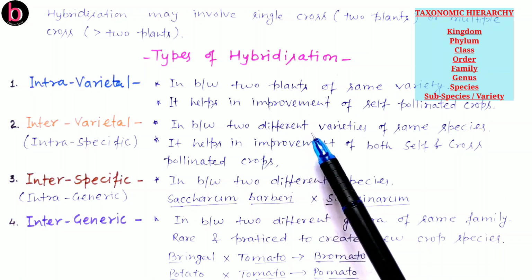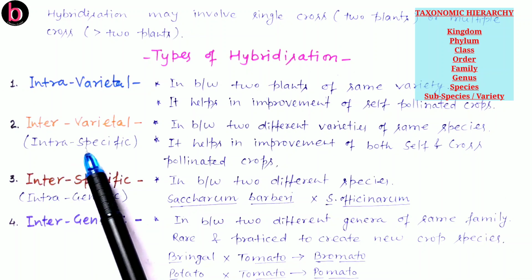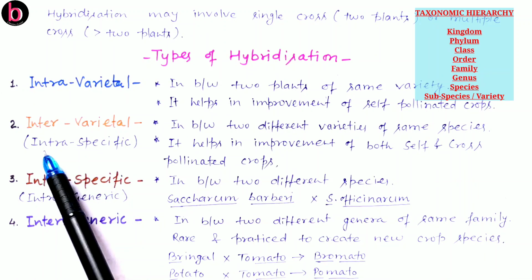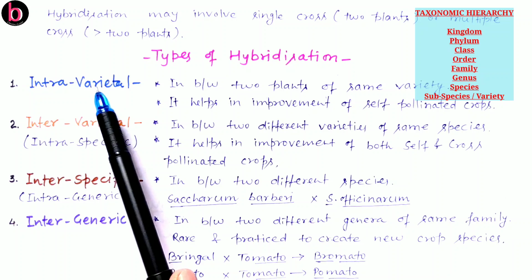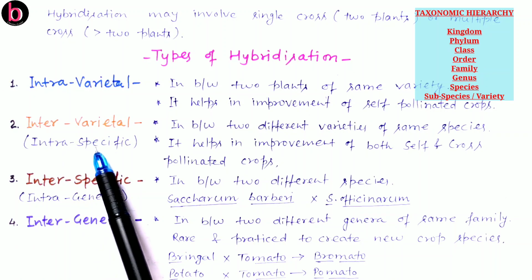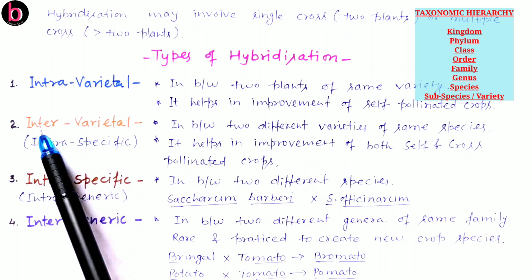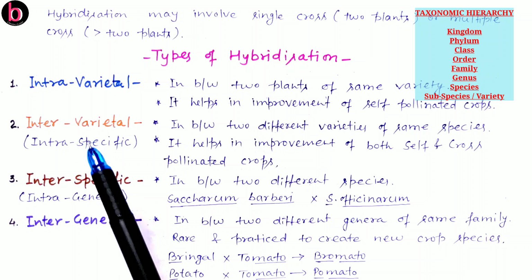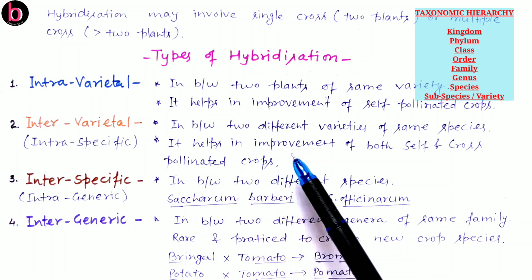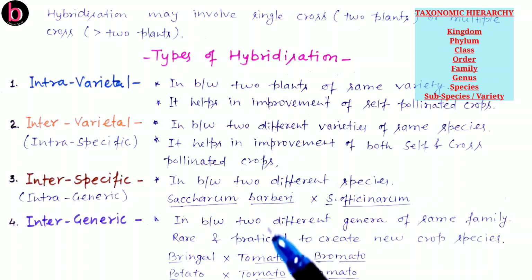This occurs between two varieties of the same species. So here the species is the same, that's why intra-specific. Here the variety is the same, that's why intravarietal. But this intervarietal is between two varieties of the same species. And this intervarietal helps in improvement of both self as well as cross-pollinated crops.